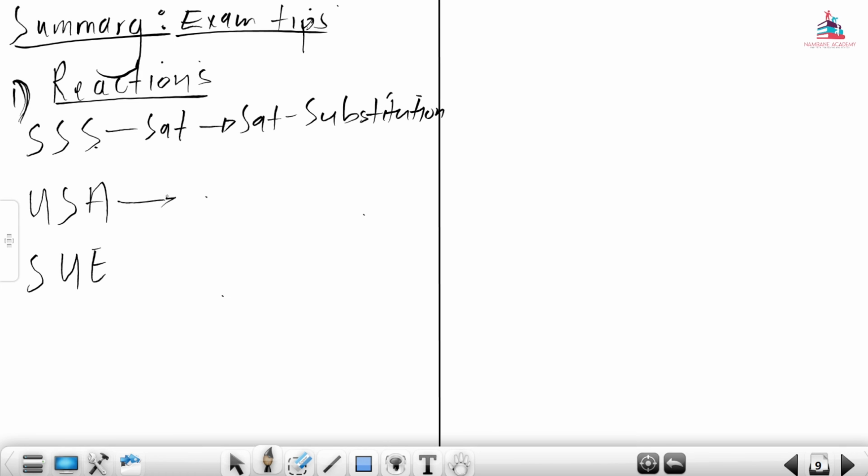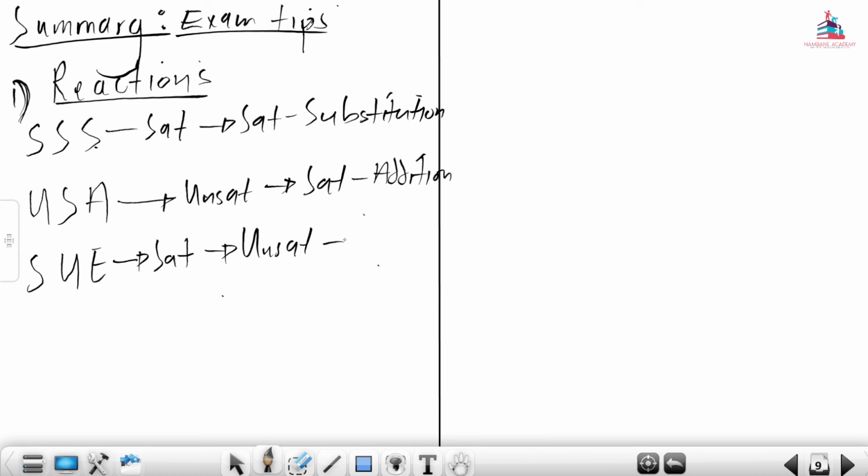If I am working now from unsaturated to saturated, that reaction must be addition reaction. If I am working from saturated to unsaturated, that reaction must be elimination. 100%.